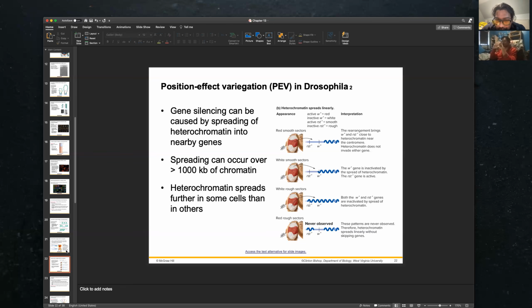You'll see the white gene getting closer and closer, and eventually the RST gene too, but you're never going to see the white gene not in the heterochromatin anymore and the RST gene still in it. So even though the diagram shows that, it's not observed.